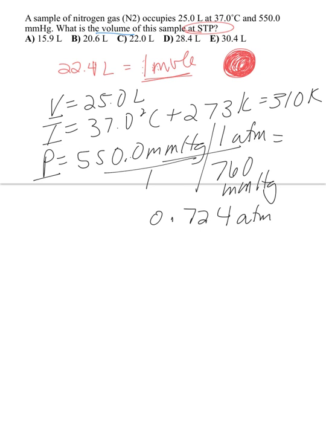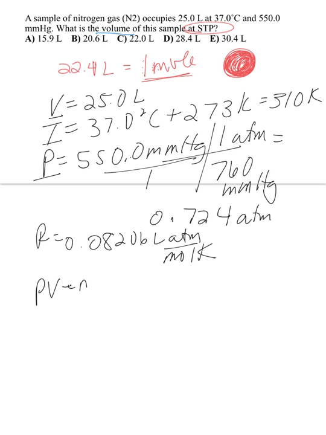Now you have R equals 0.08206 liters atmosphere per mole Kelvin. And you have to solve for moles. So now you do PV equals nRT, and you solve for n. So you got to isolate n. So n equals PV divided by RT, and then you plug and chug.